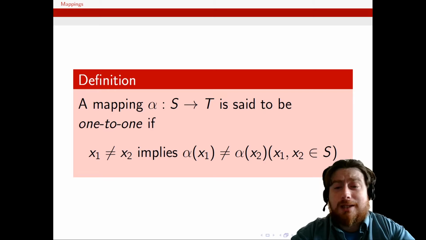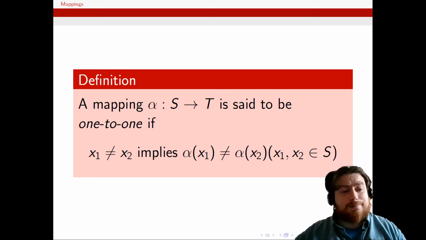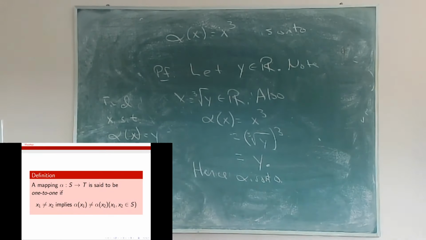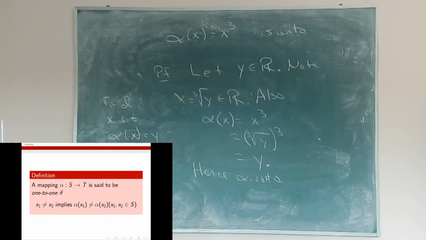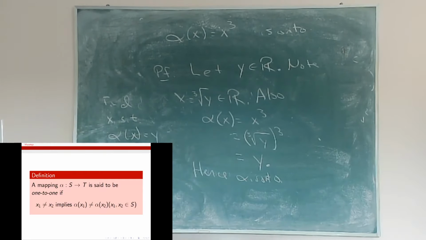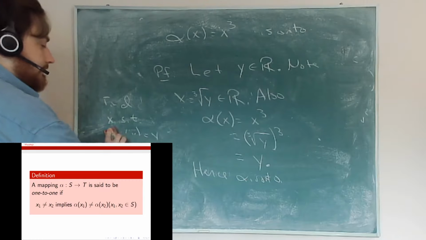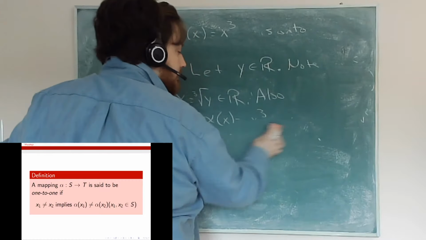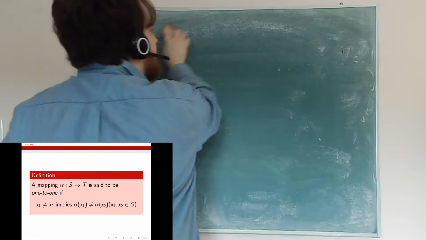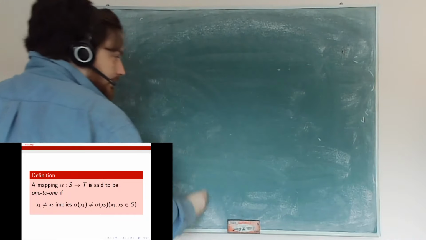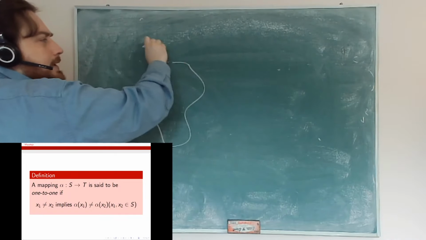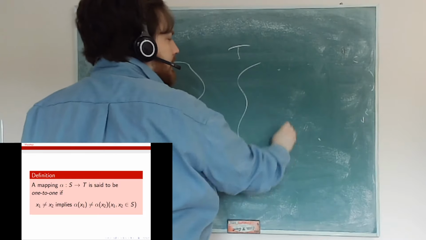So if x1 is not equal to x2, that implies that alpha of x1 is not equal to alpha of x2. If I look at the board and try to draw a picture of one-to-one, here's my domain, here's my codomain.